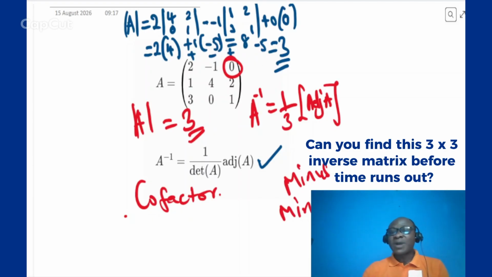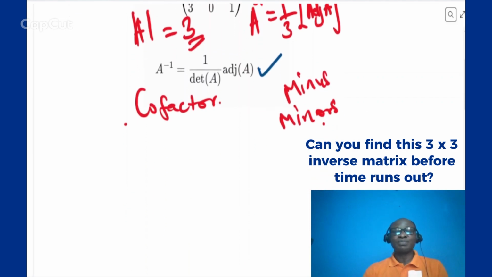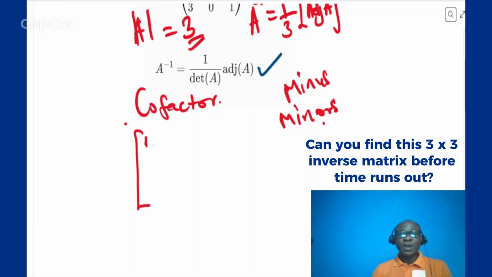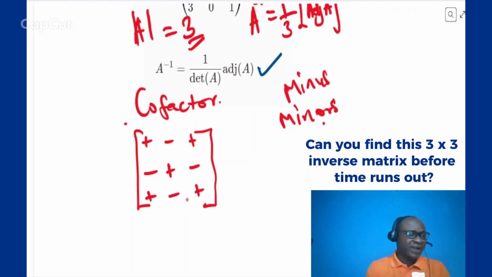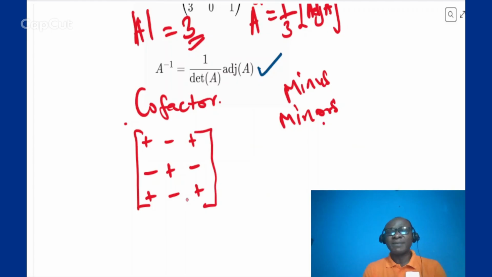But before that, we have to set up a rule. The rule will go like this: plus, minus, plus; minus, plus, minus; and plus, minus, plus. This is what we are going to work with in finding the cofactor matrix.